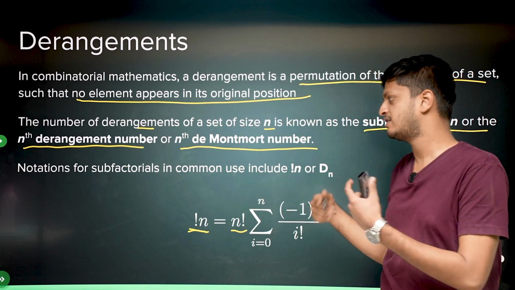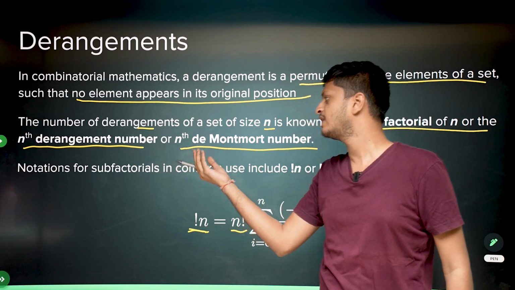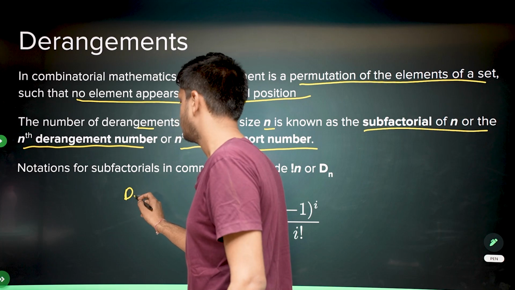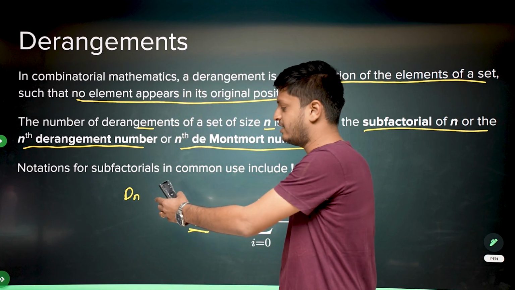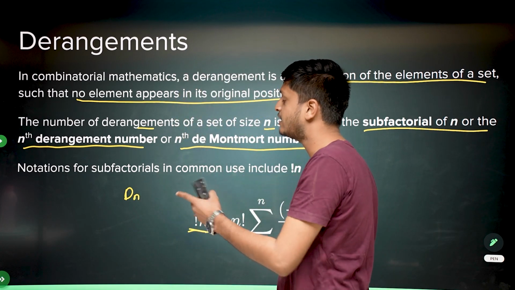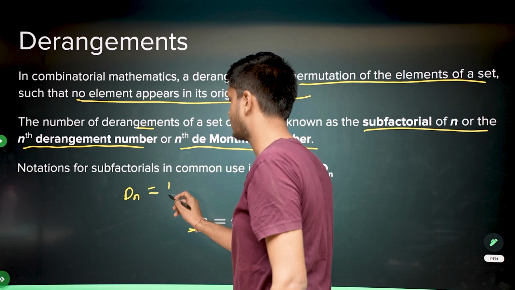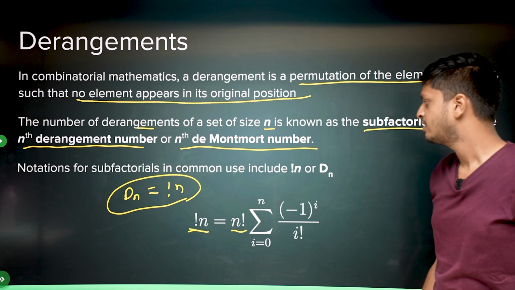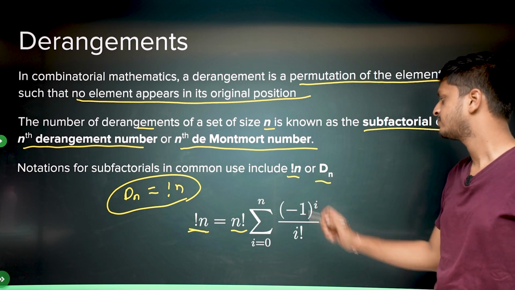No one will ask you this, but for the sake of completeness, it is also called the nth de Montmort number. It is denoted by D_n, or the nth derangement number, or the subfactorial of n. Okay. So these are the notations.